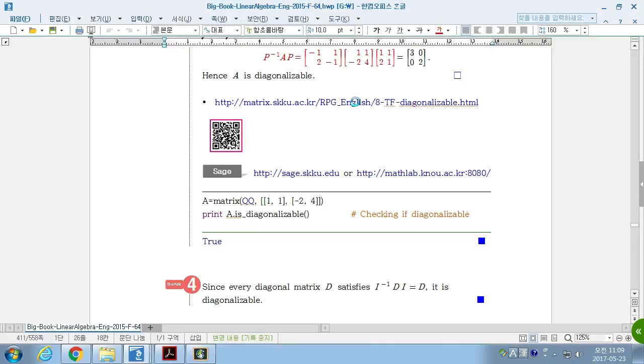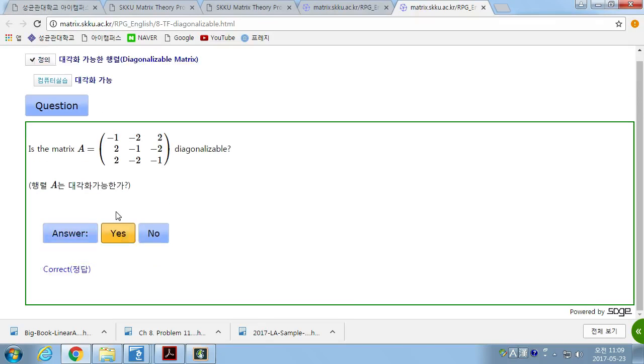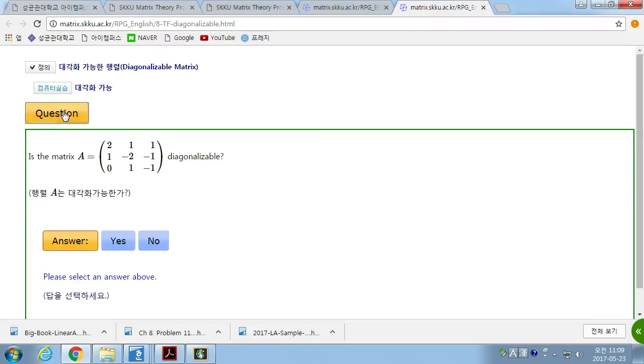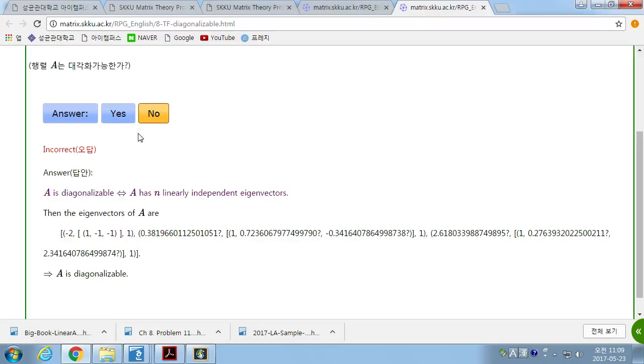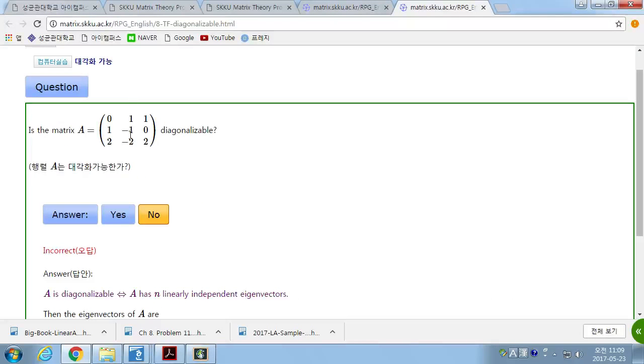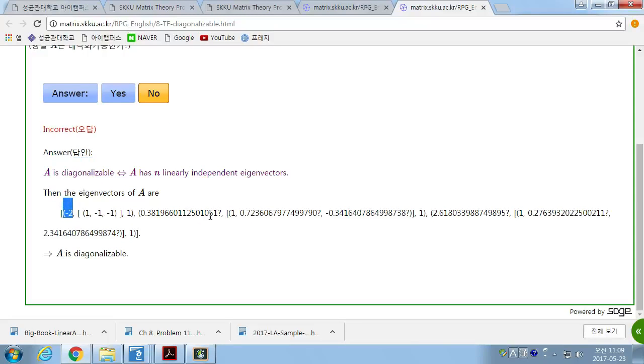Here we have a random problem generator that makes a matrix A and asks whether it is diagonalizable. Yes, it is diagonalizable. If you make a different problem, is it diagonalizable? Is it true? I gave it wrong, and they say my answer is not right. So it says this matrix is diagonalizable because it has 3 eigenvalues, which are -2, 1 and -2.6, and it has 3 linearly independent eigenvectors.